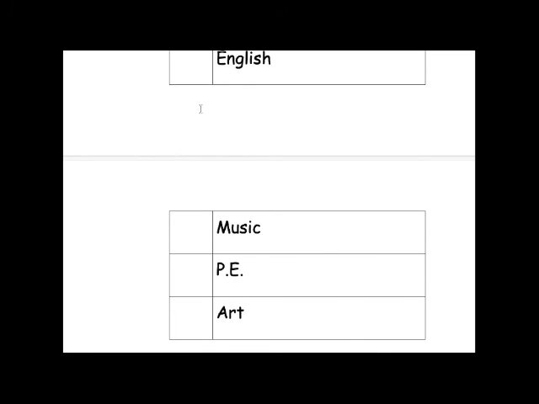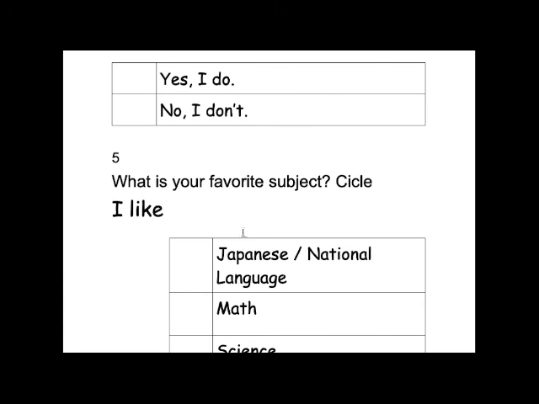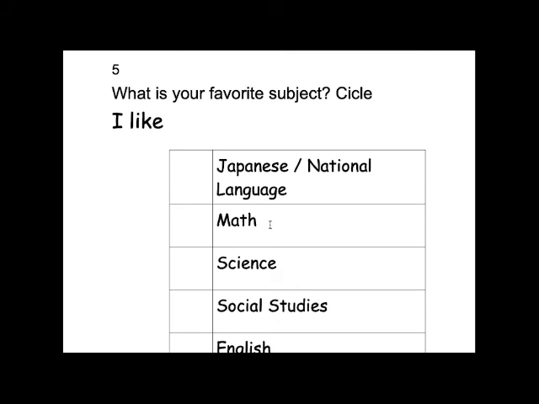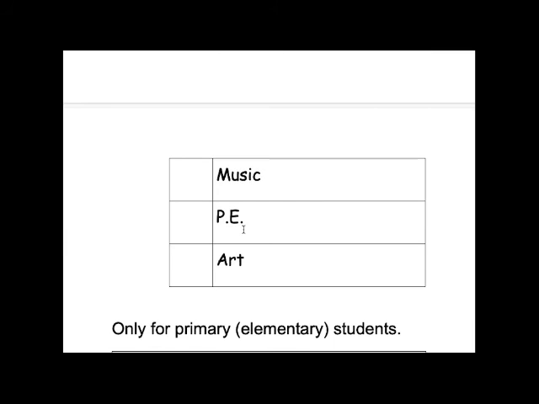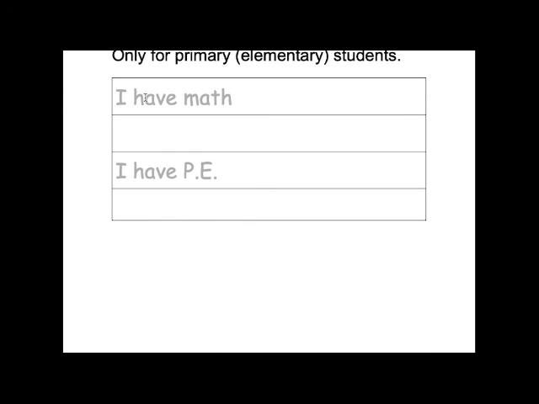You can pick which of these is your favourite and circle it. And then for the younger kids, we have another question. You need to write out the classes that you have. I have math, or I have PE, and do this for all of the subjects that you have, and hopefully enjoy.